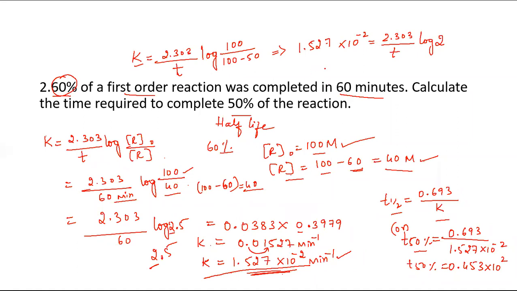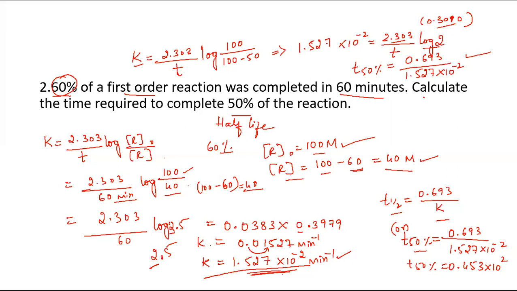So you can take that directly here. Since we are calculating the time for 50% of the reactant consumption, take T 50%. Log 2 value will be 0.3010. So if we multiply this value with 2.303, we'll get 0.693 divided by the K value 1.527 into 10 to the power of minus 2.